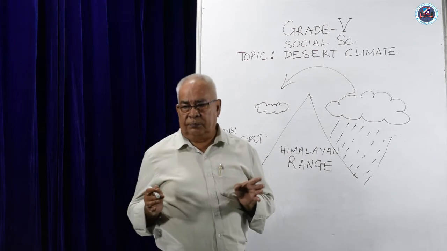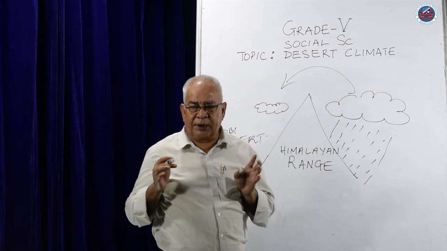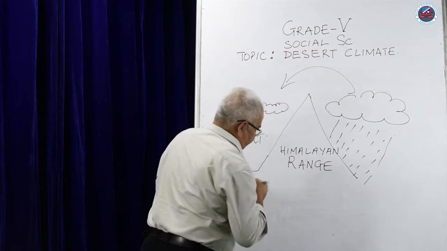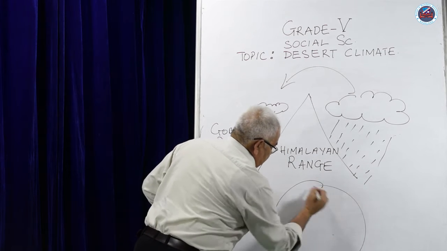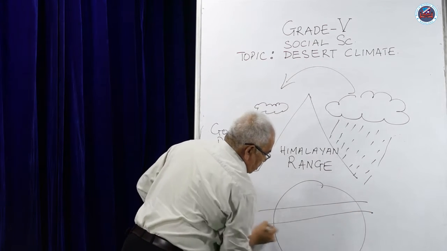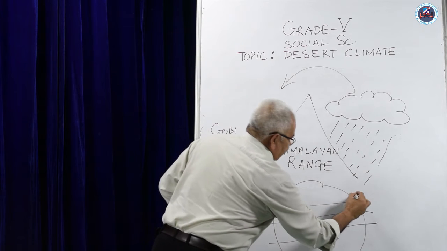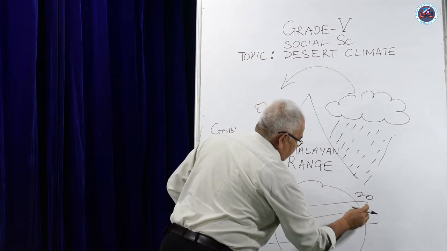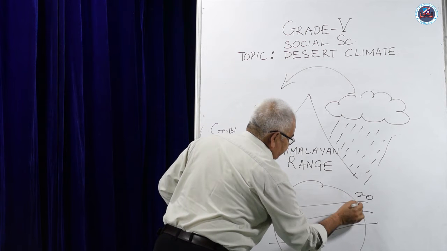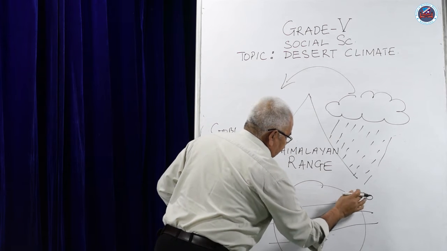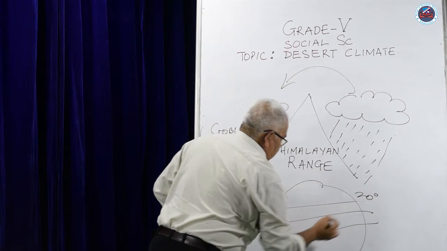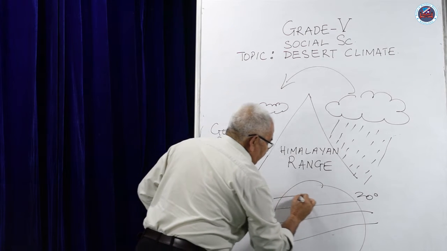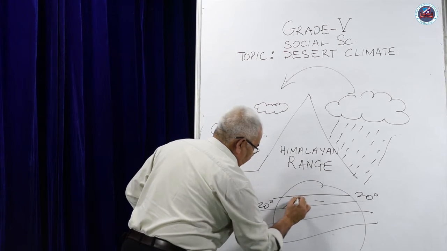Now, deserts are formed mainly between latitudes 20 and 30. Sorry, 20 and 30, that means this region, which I am talking about.